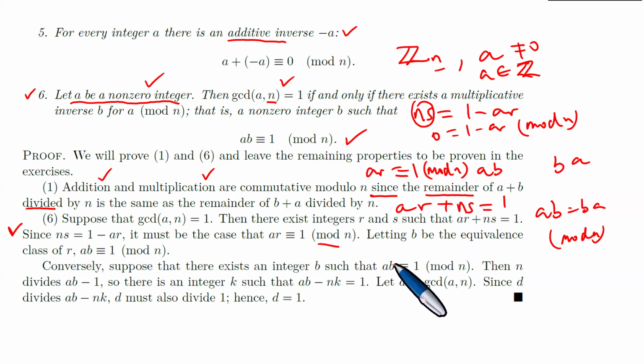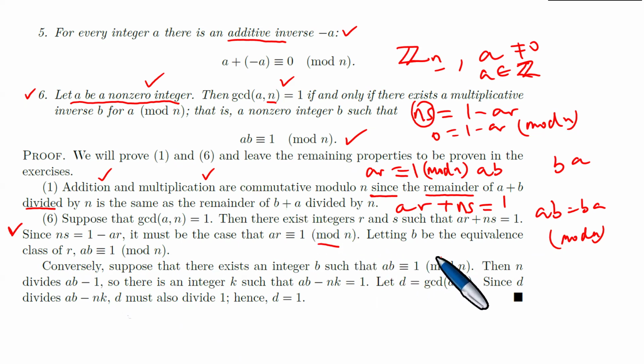Okay, we continue. Let B be the equivalence class of R. Then AB equals 1 modulo N. Right, so this would be true.